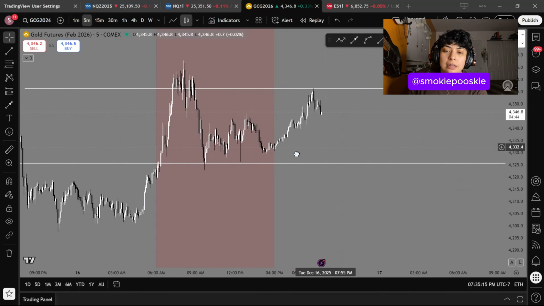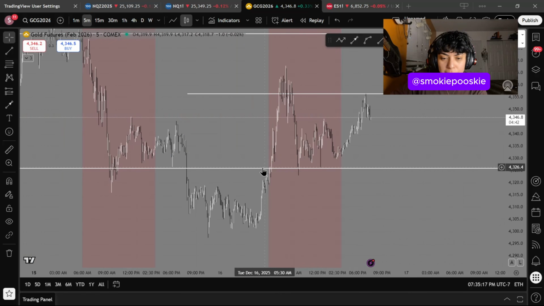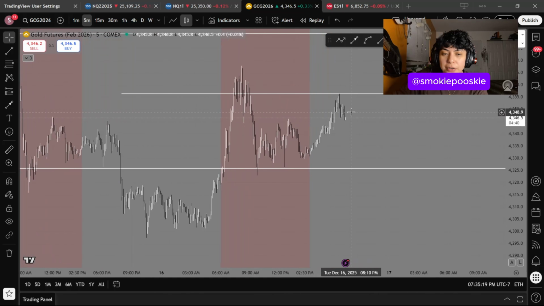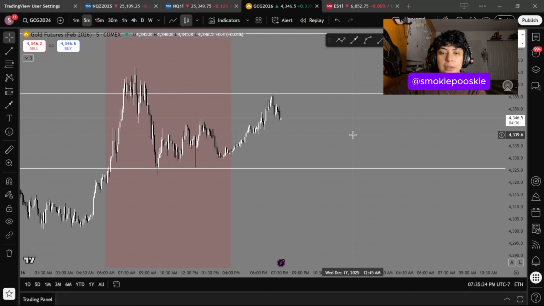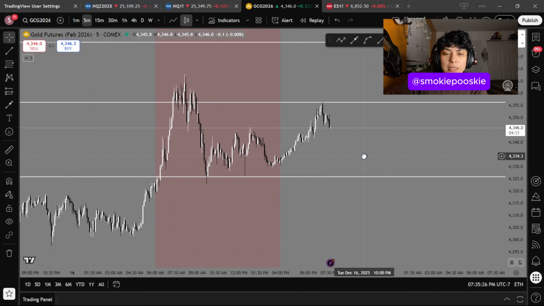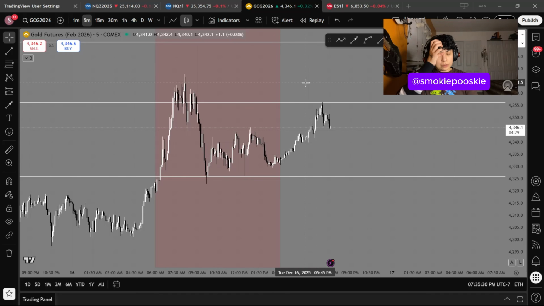But anyway, now that we have these levels marked out and we know they're basically the same as the 1 hour and the 4 hour, we can now start marking our 5 minute levels. Why does that matter? If we're going to be entering on the 1 minute and scalping, we are going to be aiming for those 5 minute levels.